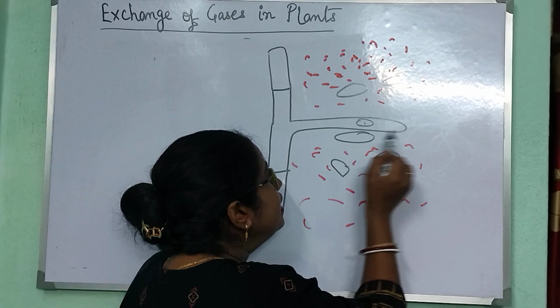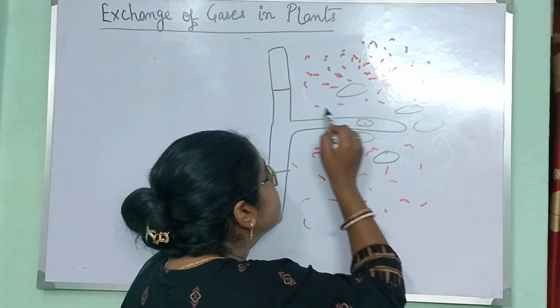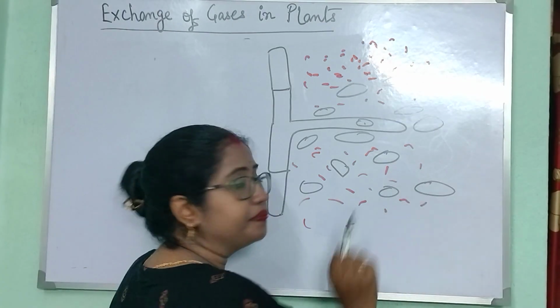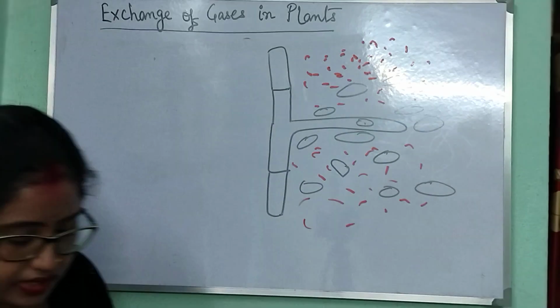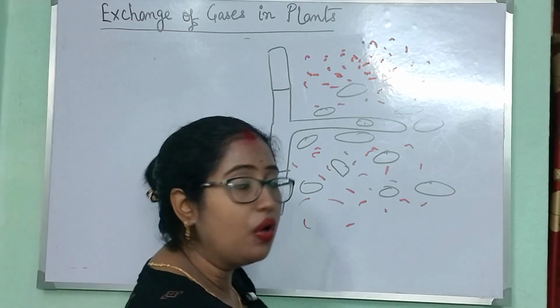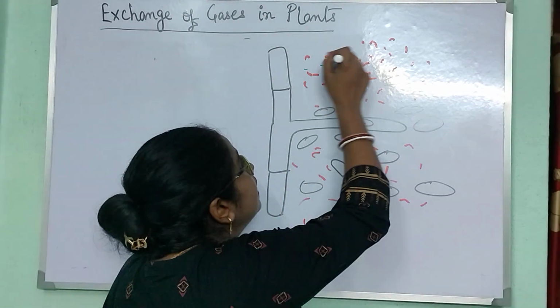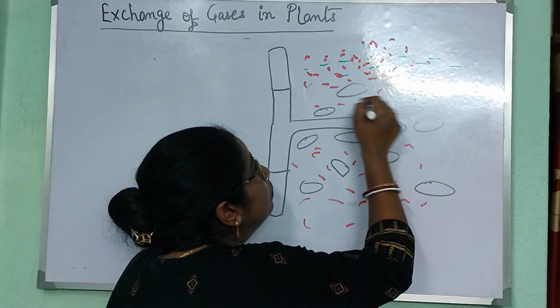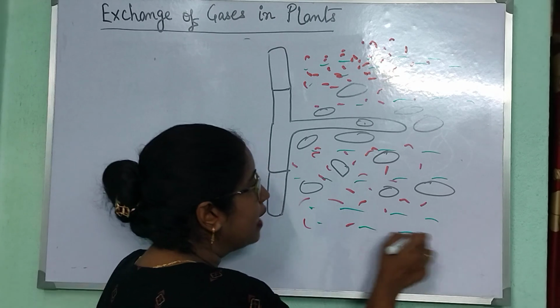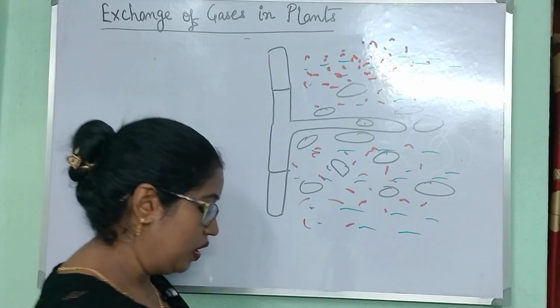So there are many air sacs present in soil. Next, the soil also contains some capillary water.